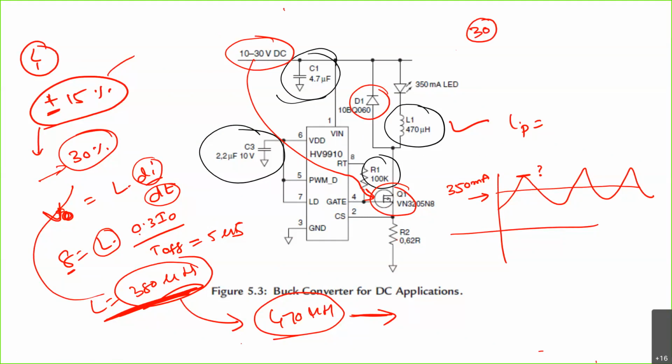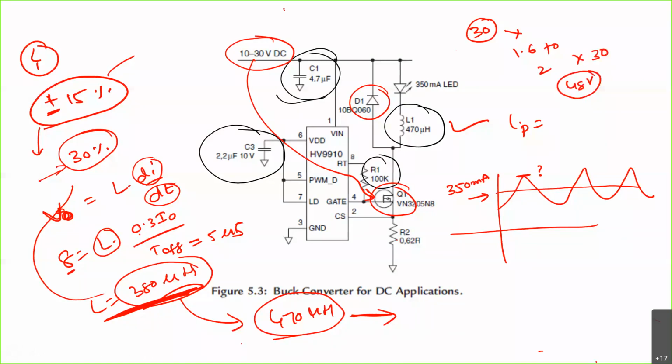If you consider some safety factor, maybe 1.6 times the 30, let me consider 1.6 into 30, somewhere around 48 volts. That is the voltage rating of the MOSFET. We have devices around 50 volts.